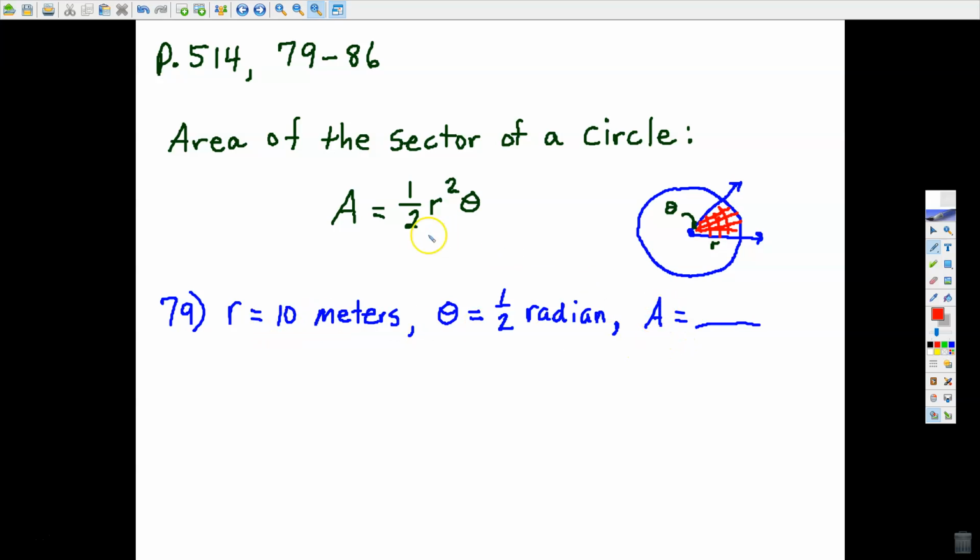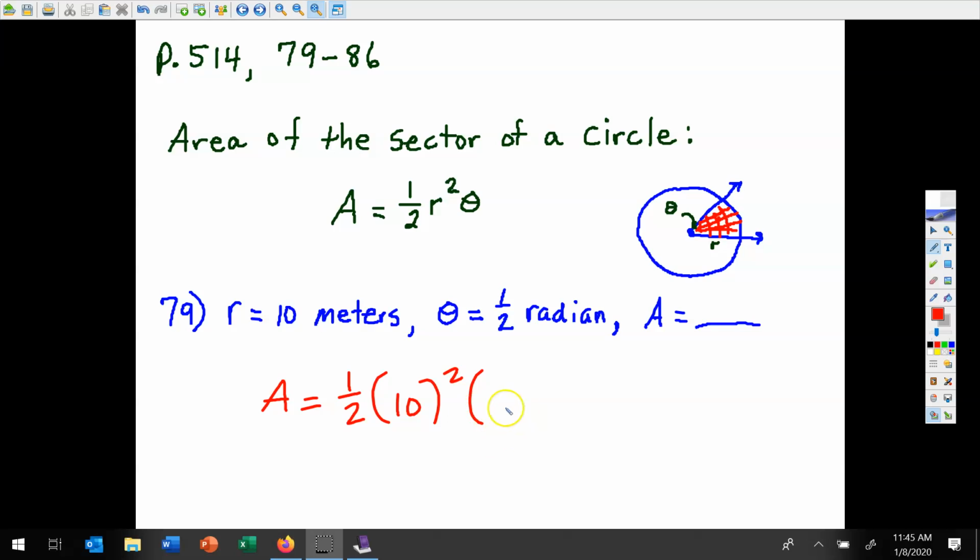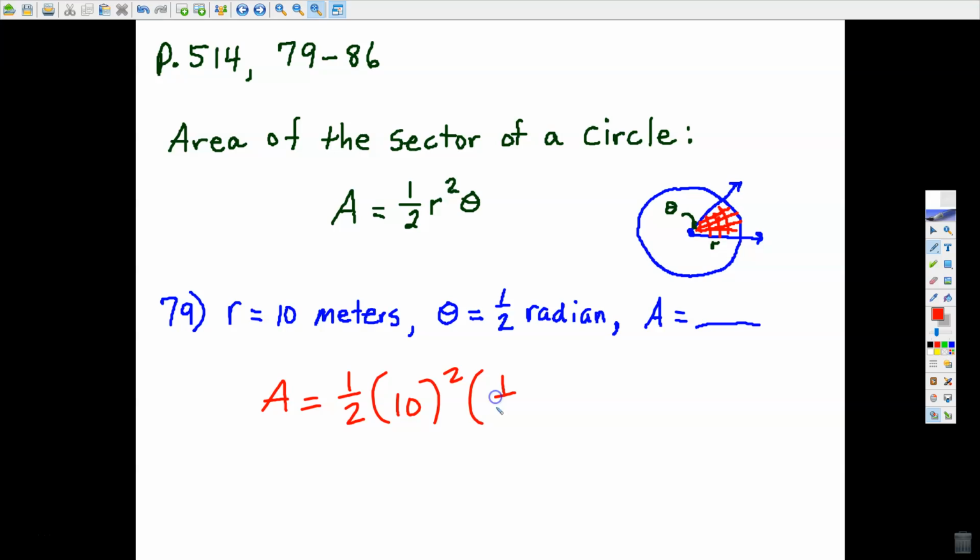So let's find the area of this particular circle that has radius 10 meters. So it's going to be 1/2 times 10 squared times theta, and theta is in radians. Once again, make sure that theta is given in radians, and it is in this case.